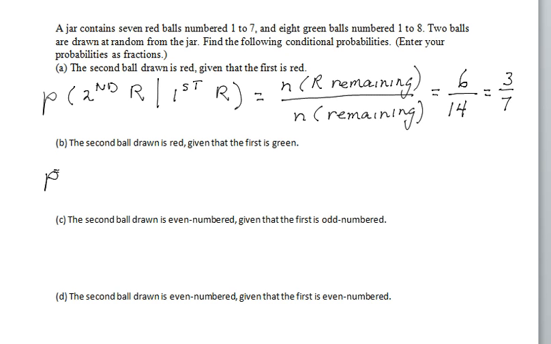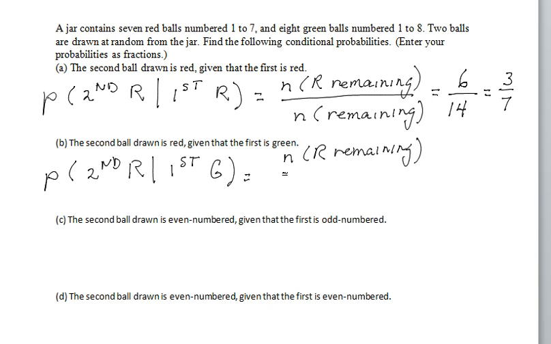Part B, the probability that the second is red given that the first is green. So this is the number of red remaining over the total number remaining.